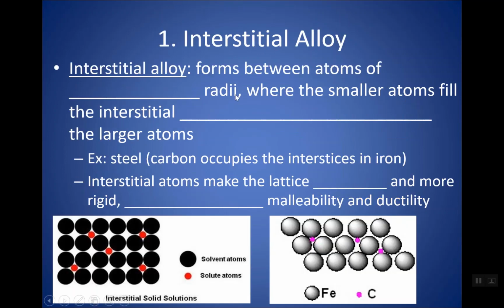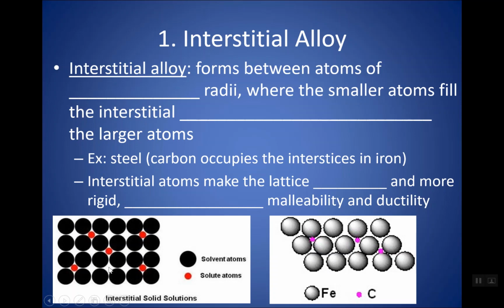One is called an interstitial alloy. An interstitial alloy is when you have atoms of different sizes. So let's say you have something like iron, which is much larger in radius than carbon. The iron maintains this crystal lattice of metallic bonding, and the smaller carbons fit in the spaces, as you see here, between those atoms.